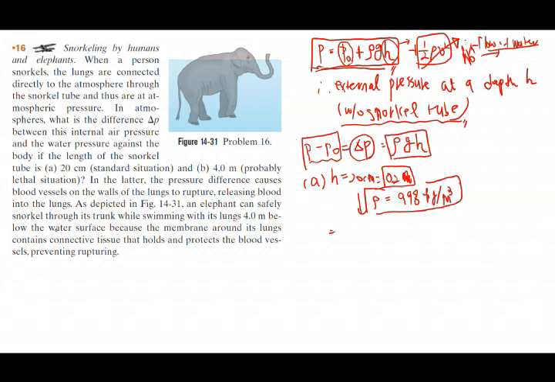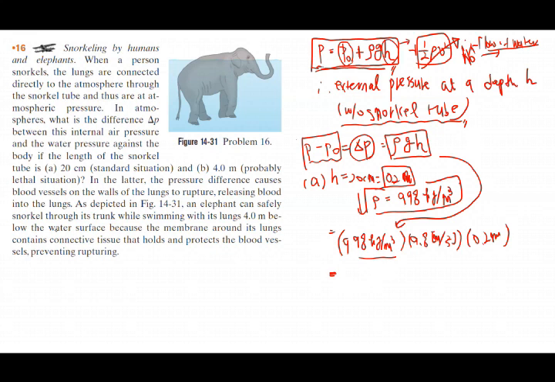Then that is 998 kilograms per cubic meter times 9.8 meters per square second times 0.2 meters. You plug all those numbers into this formula, and that leads to the answer for the pressure difference.